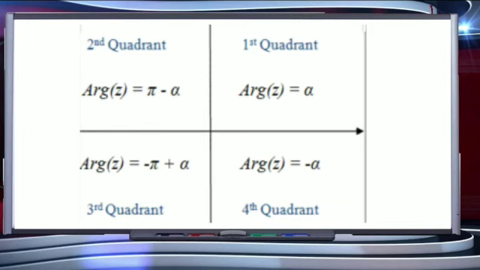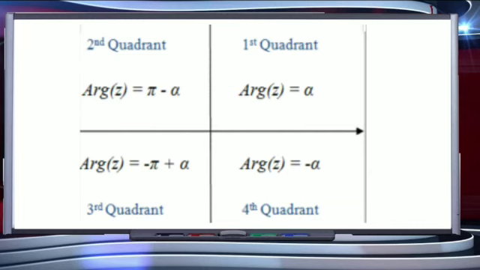Suppose our argument is coming out to be alpha. For the first quadrant we take it as alpha only. For the second quadrant our argument becomes pi minus alpha. In the third quadrant it is minus pi plus alpha. And for the fourth quadrant its value is just minus alpha.